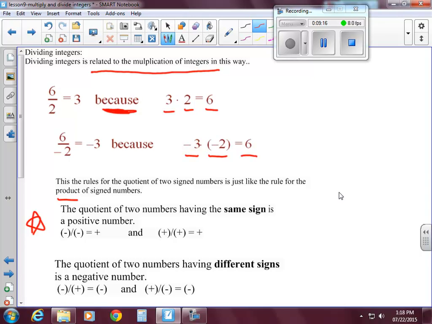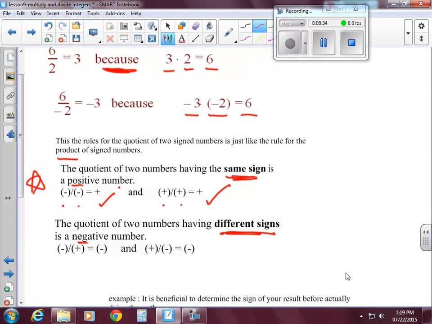The quotient of two numbers having the same sign is positive, and the quotient of two numbers having different signs is negative. So a negative divided by a negative returns a positive, a positive divided by a positive returns a positive, etc. And a negative divided by a positive returns a negative. See, you've got unlike signs, and a positive divided by a negative returns a negative.